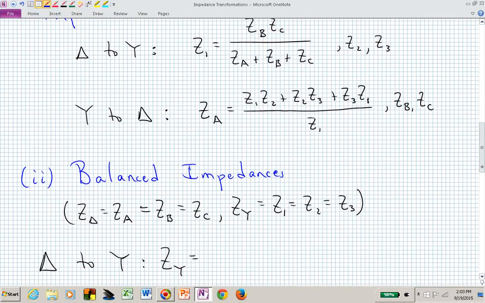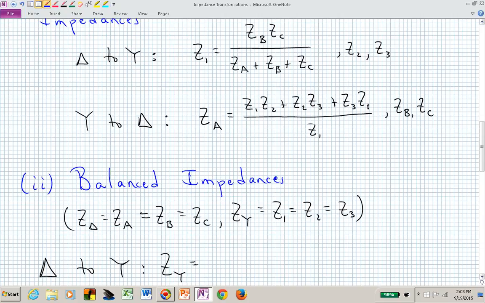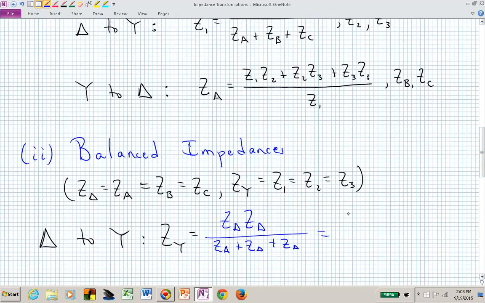If we look at what we obtain in going from delta to Y, if we start with the deltas, then we have a Z delta times a Z delta over a sum of all three of those Z delta impedances. And now we have then Z delta squared over 3Z delta. We can factor out a common Z delta between the numerator and the denominator.